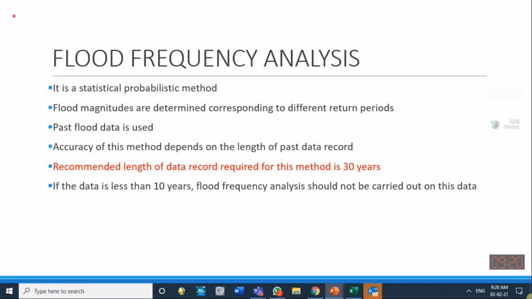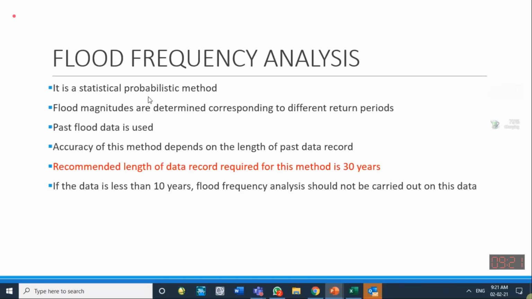If they observe flow on a daily basis, not every value is of interest for flood analysis. The highest value in a year is of interest. So keep in mind the difference between flow and flood. We can observe floods in a similar way as flows, but not every flow is a flood.